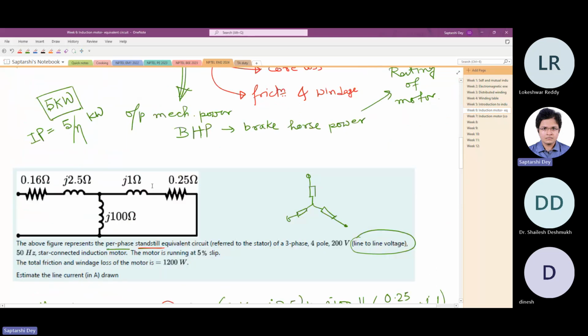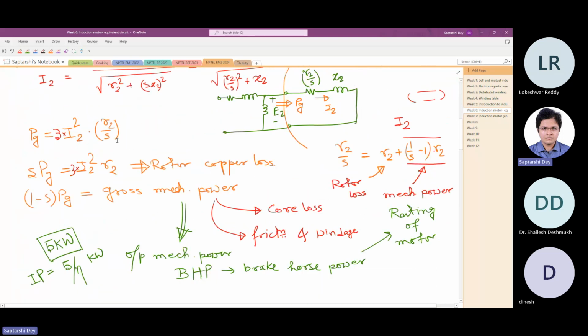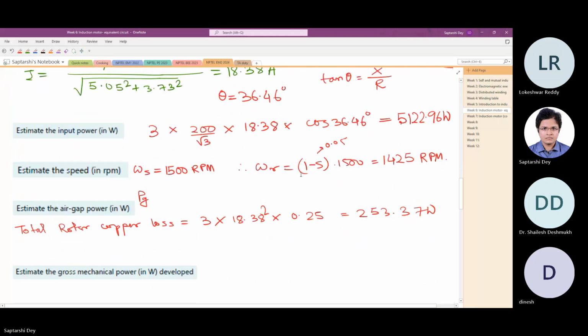And we have seen that S times PG is the rotor copper loss. So PG is that divided by S, which comes out to be 5067.